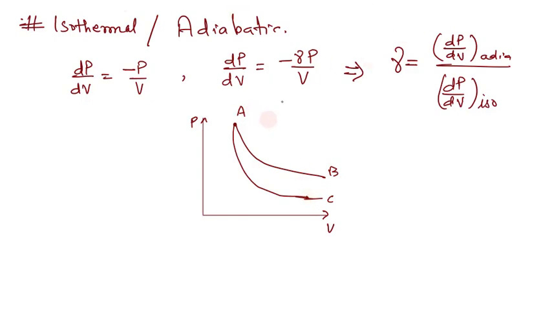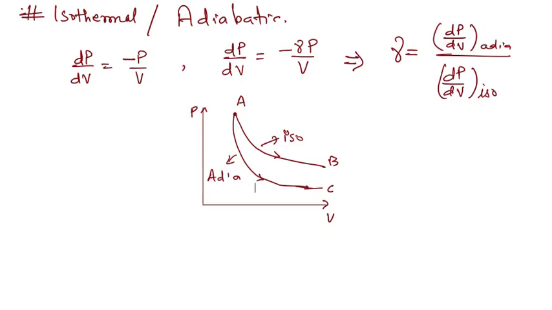Just look at the slopes. AB has a lower slope and AC has a greater slope. So this is the adiabatic process and this is the isothermal process. This is just to show how to identify the processes in a P and V diagram. So this was for isothermal and adiabatic processes.